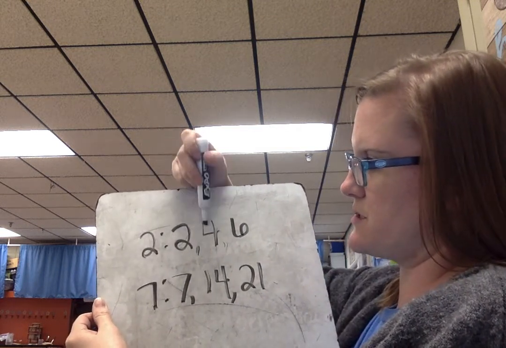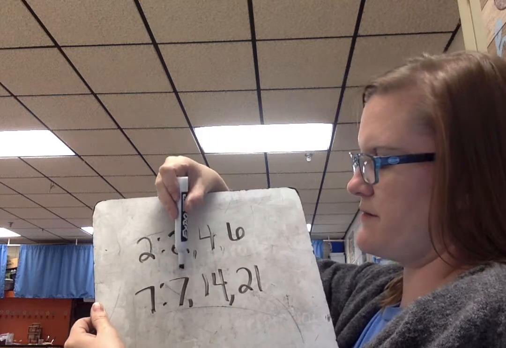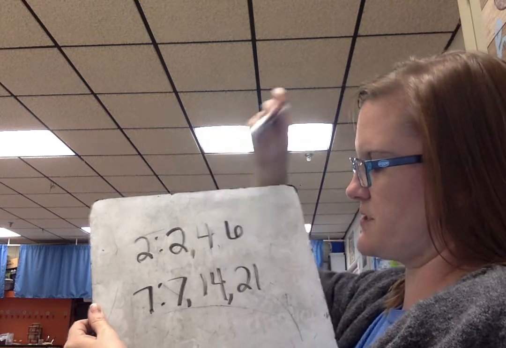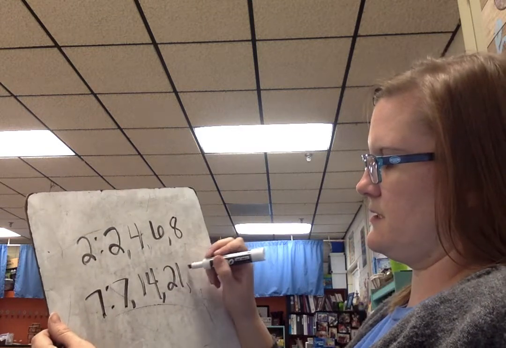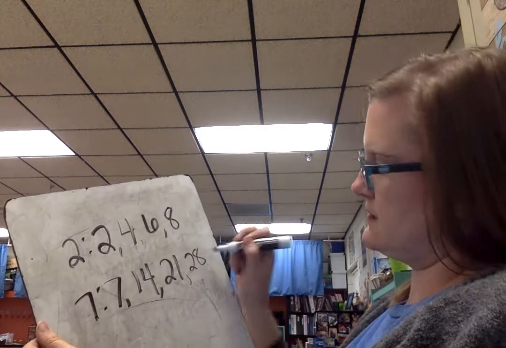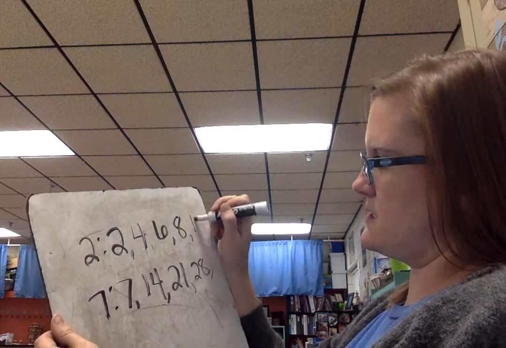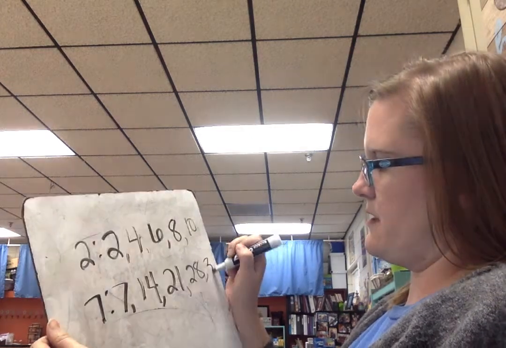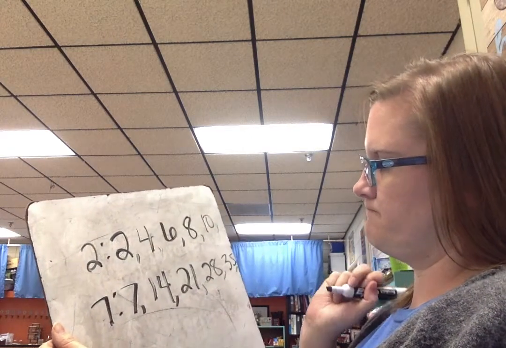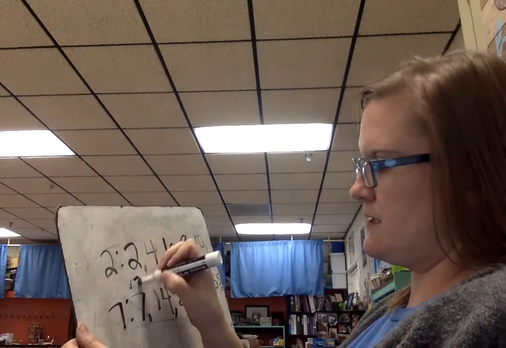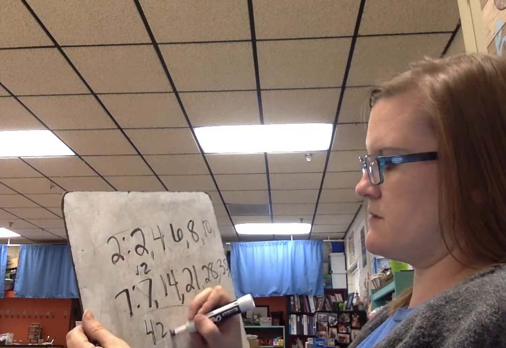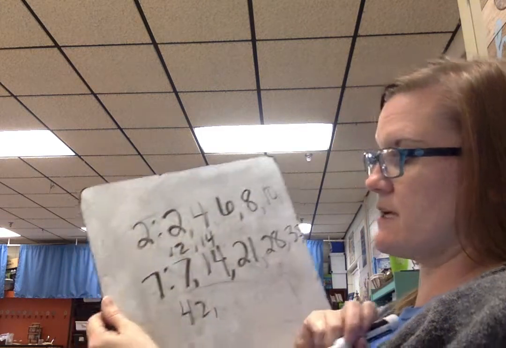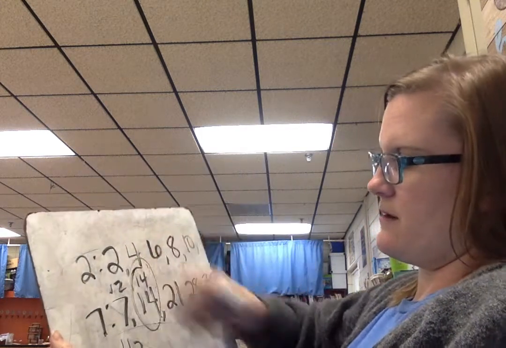Remember, 2 times 1, 2 times 2, 2 times 3, 7 times 1, 7 times 2, 7 times 3. Next would be 8, then 28. Still nothing. Then 10 and 35. Nope. 12 and 42. No. 14. Oh, look here. Got those 14s together, so we know we got it.